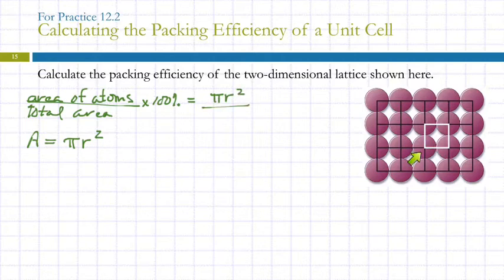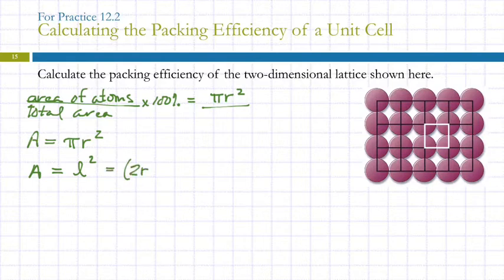What's the total area represented by this white square? The area of a square is equal to the length of the side squared, right? The length times the width. Well, how long is one side? It's 1 radius, 2 radii, right? So L equals 2 times the radius.